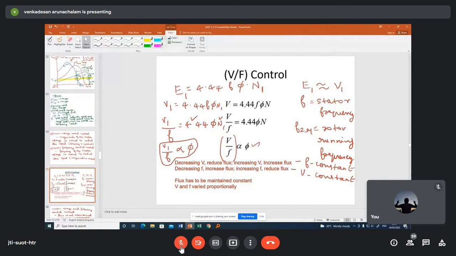With respect to the primary, the stator side, you can write E1 is equal to 4.44 f phi N1. And E1 is approximately equal to V1.